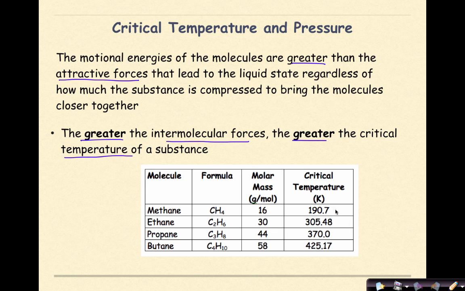As a result, the critical temperature also increases. So while methane might have a critical temperature of 190.7, butane has a critical temperature of 425.17. So we can see this relationship between critical temperature and intermolecular forces.